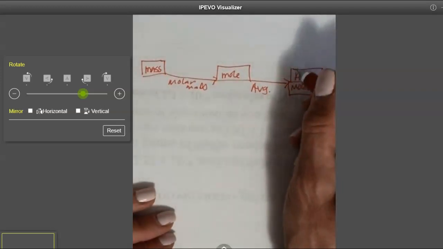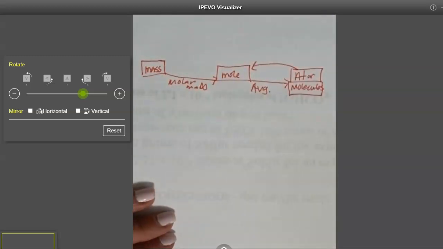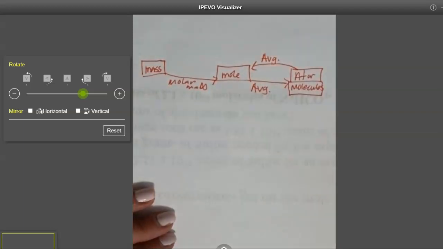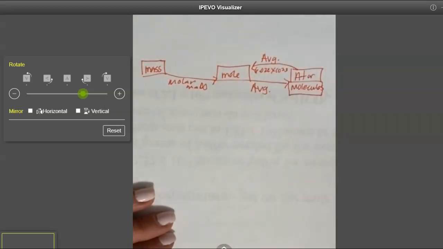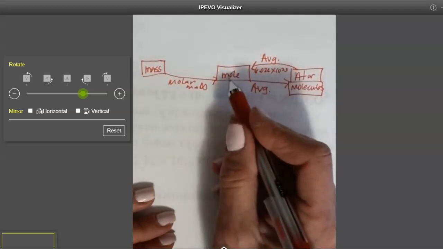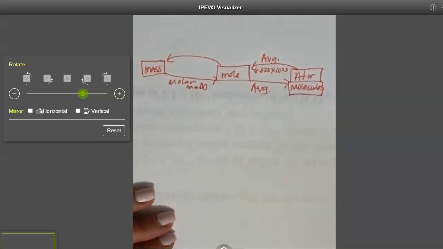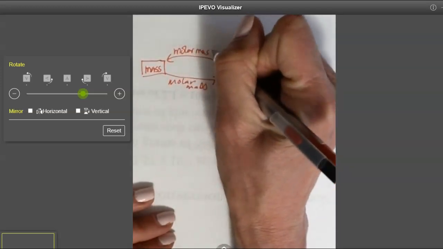If I need to get from atom or molecule city back to mole city, I'm going to have to jump right back on Avogadro's highway, which is, again, 6.022 times 10 to the 23rd. If I need to go from mole city back to mass city, I'm going to have to jump on, again, the molar mass highway.